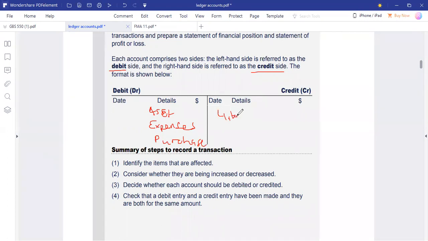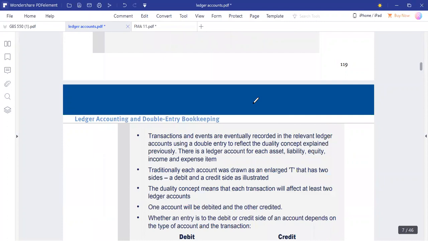The credit side will increase sales. Credit side will increase income like gains. So we need to identify what happens on the left side and what happens on the right side, what is increased on the debit side and what is decreased on the credit side, for us to understand how these T accounts will go.